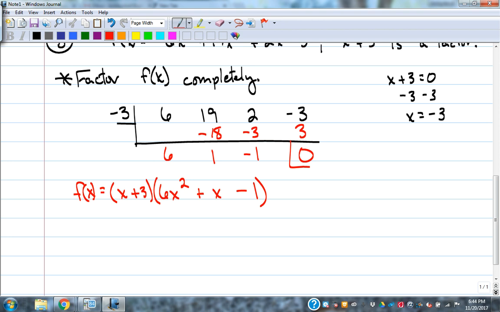Can we factor the 6x squared plus x minus 1? Or we can try to, at least, using that x method of factoring that we did weeks ago. Multiply to be -6, adds to be +1. It'd be 3 and -2.